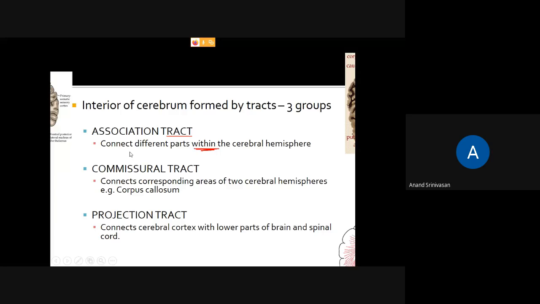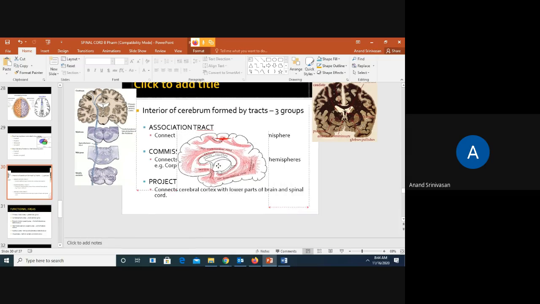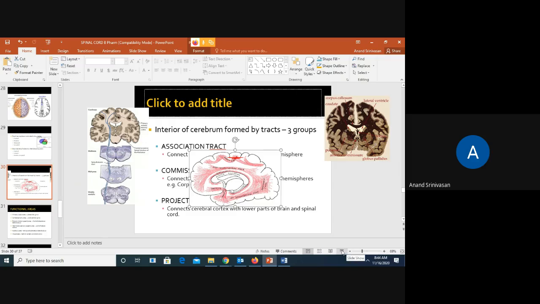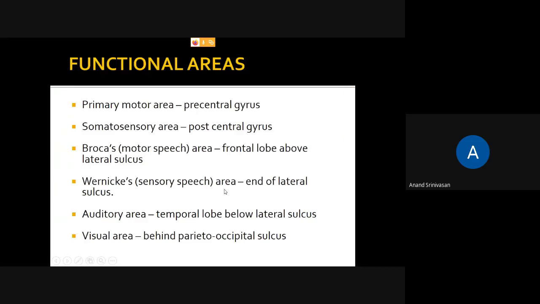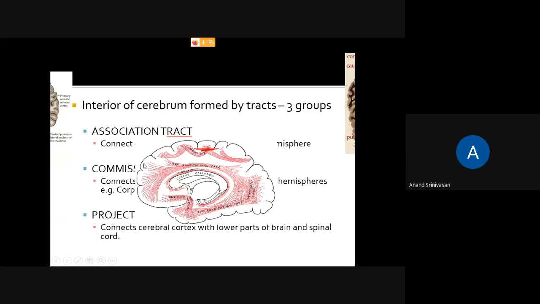Look at this picture. If you see here, there are certain fibers which are connecting. See, it is connecting the frontal to the parietal. Then one is connecting frontal to the occipital. There are certain fibers connecting occipital to the temporal, and from the temporal to the frontal.